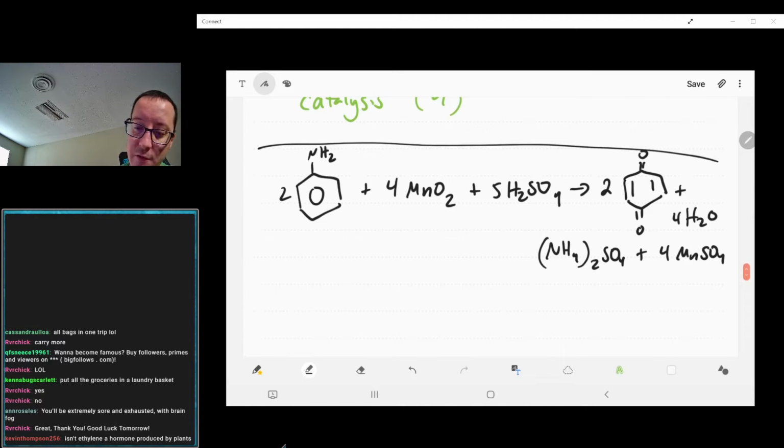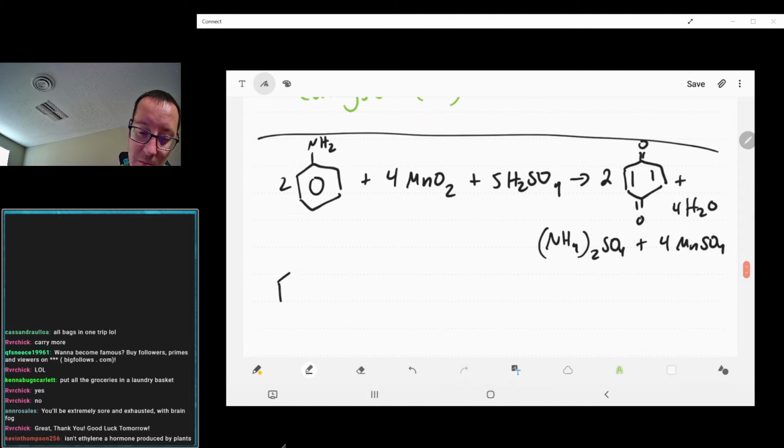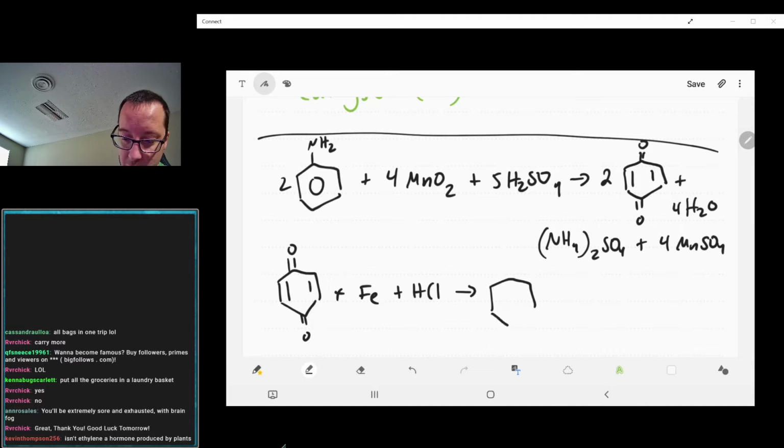And then after that, we're going to take our quinone and use an iron and HCl catalyst to reduce it to hydroquinone, sorry, which is our desired product. Okay, so this is our desired product here.